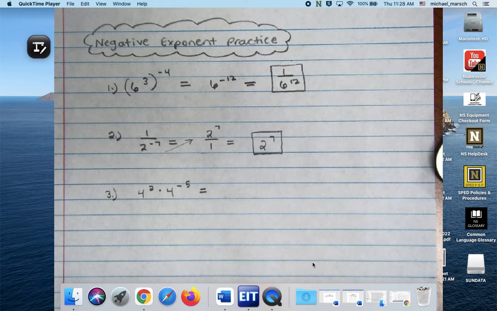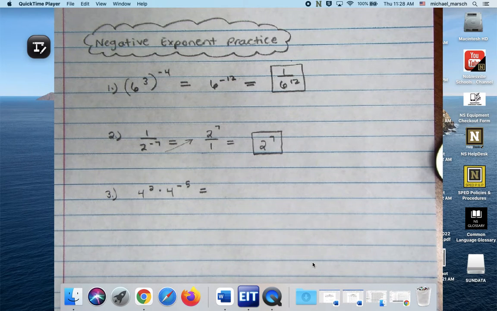About 4 squared times 4 to the negative 5th. What am I going to get? What's my process here?